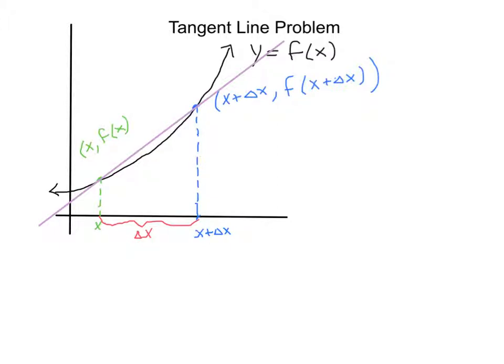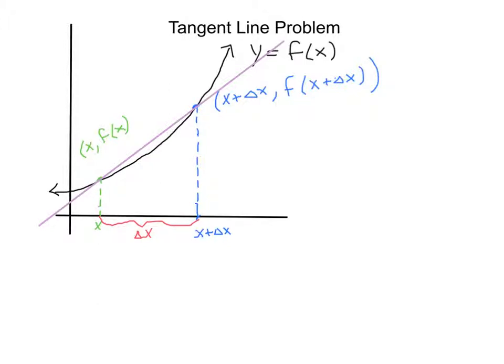Delta x means the change in x. So when I go from x and move over delta x units, I will be at the x coordinate x plus delta x. And when I plug that x value into this function, I get the point x plus delta x, comma, f of x plus delta x. So the point here is x, f of x, and the point here is x plus delta x, comma, f of x plus delta x.